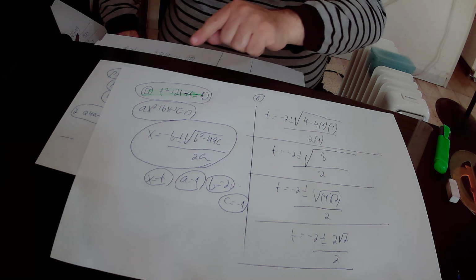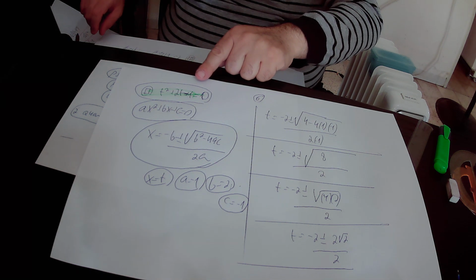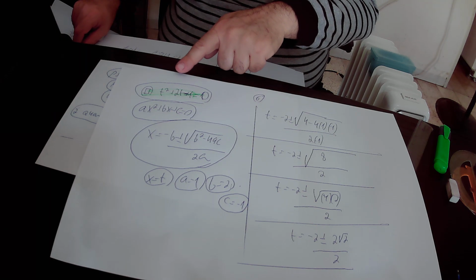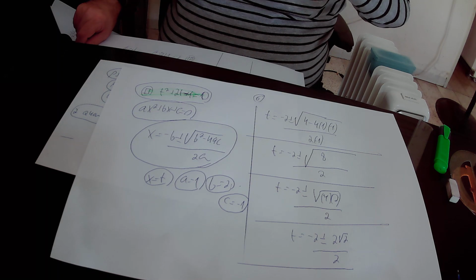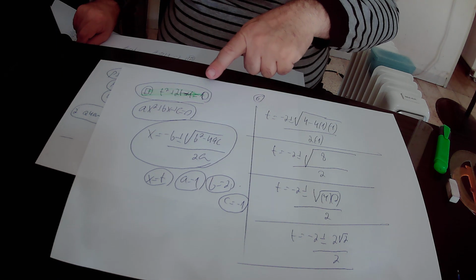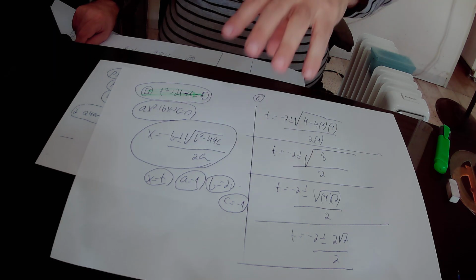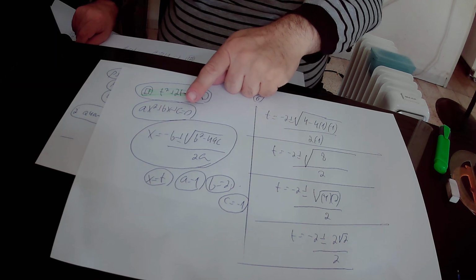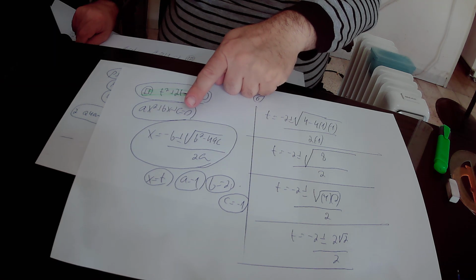In our specific quadratic equation, t squared plus 2t minus 1 equals 0, the variable that we are looking for is t, so x equals t. The coefficient a equals 1, the coefficient b equals 2, and the coefficient c equals minus 1. So we put the data inside this formula and find the values of t.